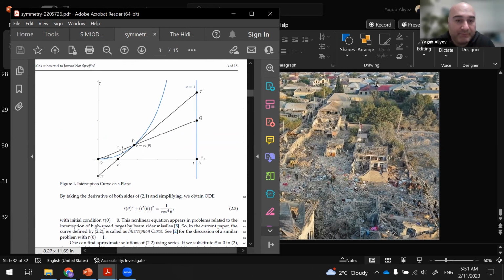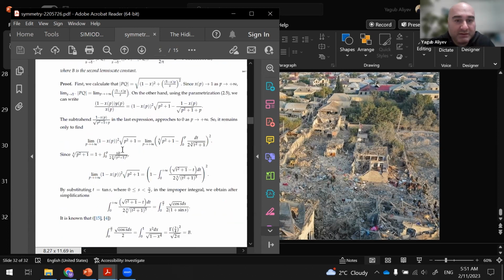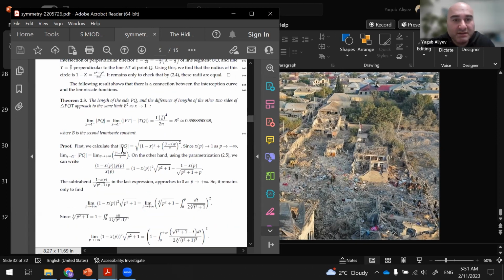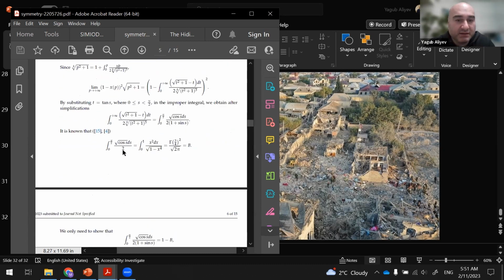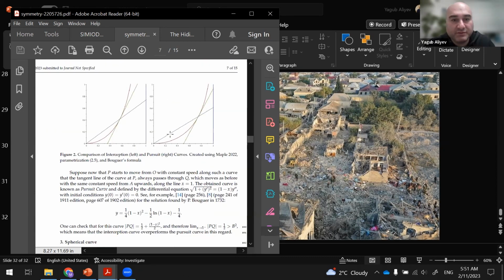I proved them. Also, there are some connections with Leibniz-Cut functions and Leibniz-Cut constants. And this can also be compared with the classical pursuit curve, which was mentioned today at the beginning of the conference by some of the presenters.